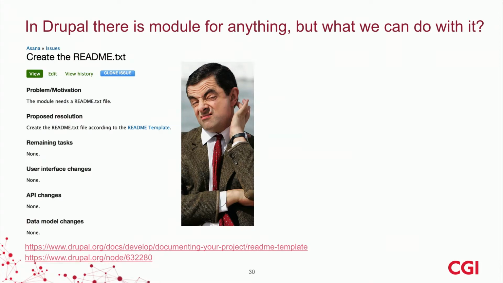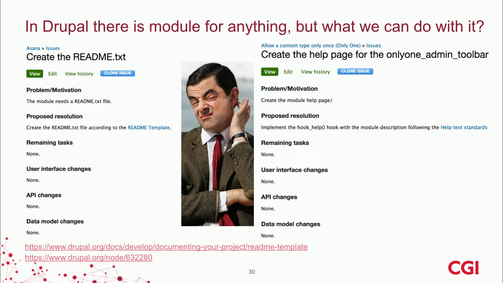For this, we have two issues. We have the README file and the module help page. Here, there are two templates that you can use to create the issues for this task.